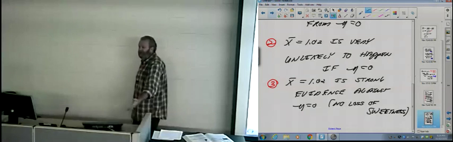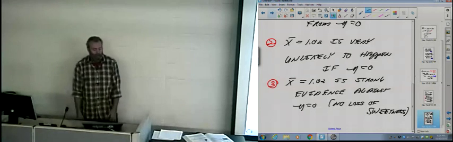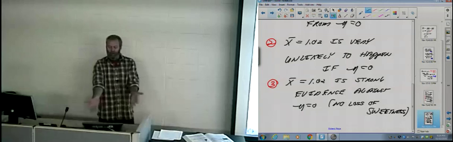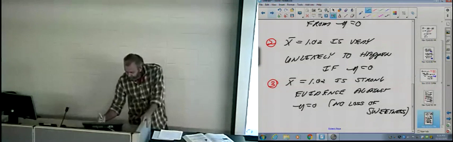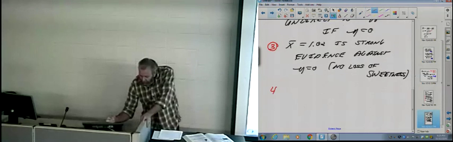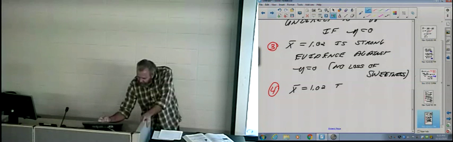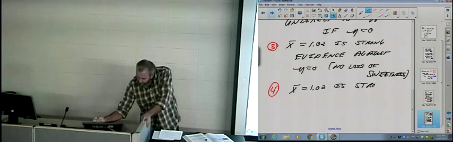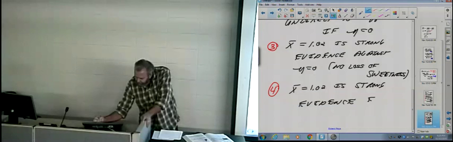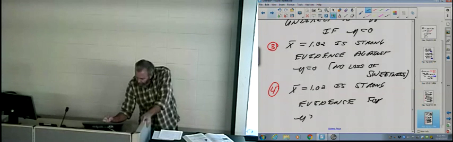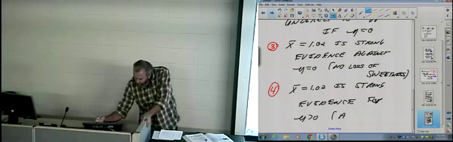It's so far away from what we assume to be true. We got strong evidence against mu being 0, no loss of sweetness. So what do we have strong evidence for? X bar equals 1.02 is strong evidence for mu being greater than 0.